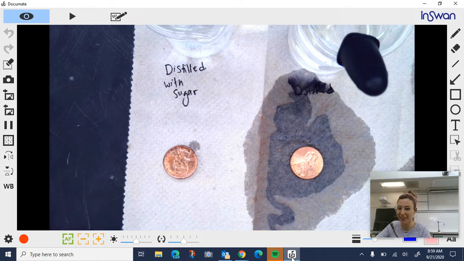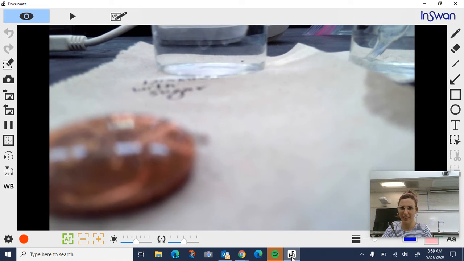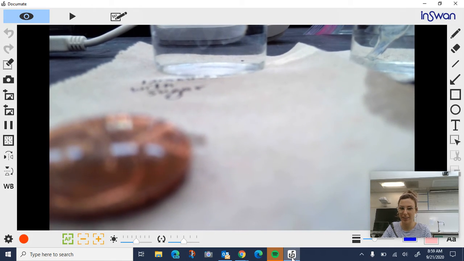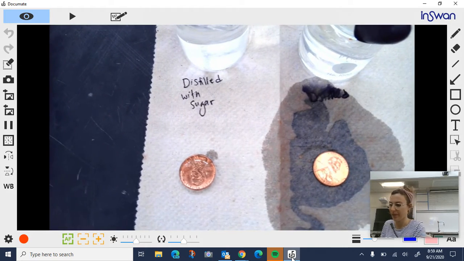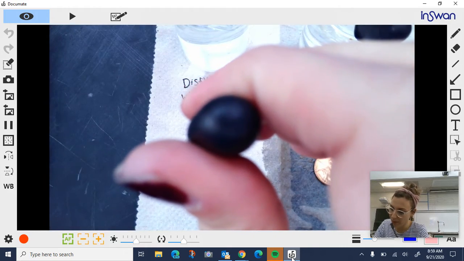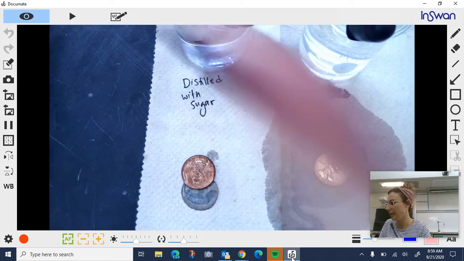Let's look at this from the side. Look at that. 30, 31, 32. Oh, so 31.